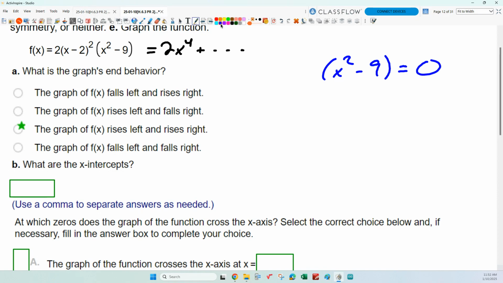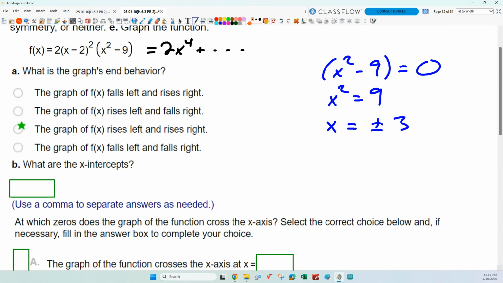If I set that equal to 0, what do we get? Equals 9, right? So what's x equal to? 3 or negative 3. And we'll talk about why that is. We're going to come back and review that. So x equals plus or minus 3.